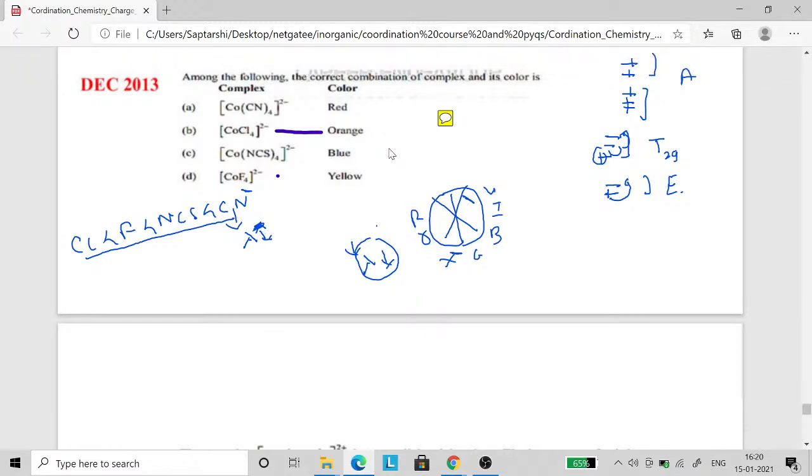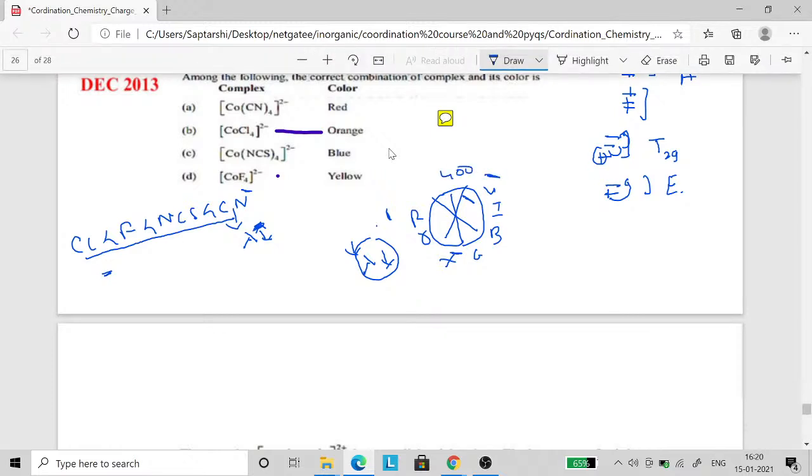It means that it will show a color that is on this side, and this will show a color that is on this side, because essentially it goes from 400 to 700. So Cl will show the color which is at this extreme. Which one is at this extreme? So blue, yellow, orange, red. So this is actually a wrong option given over here.